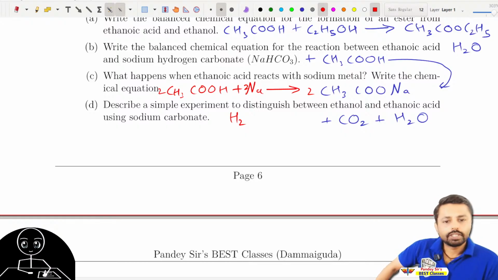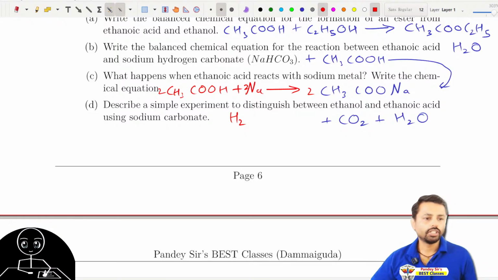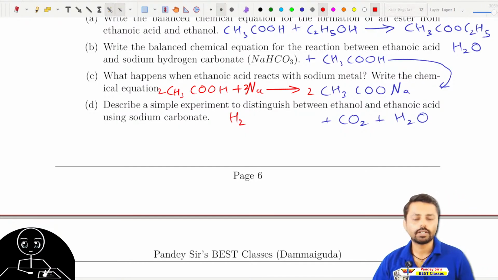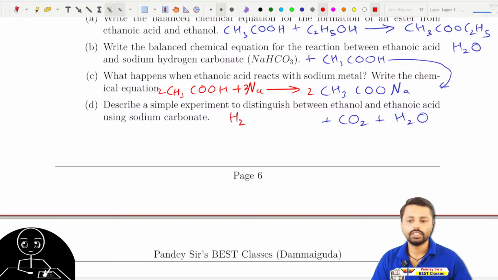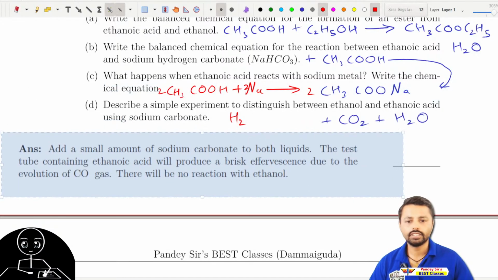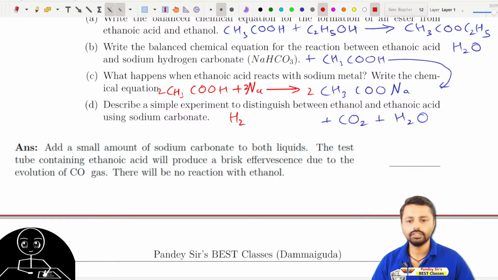Describe a simple experiment to distinguish between ethanol and ethanoic acid using sodium carbonate. I will show the entire solution for this question, but I will explain also. Here is the complete answer for that question.